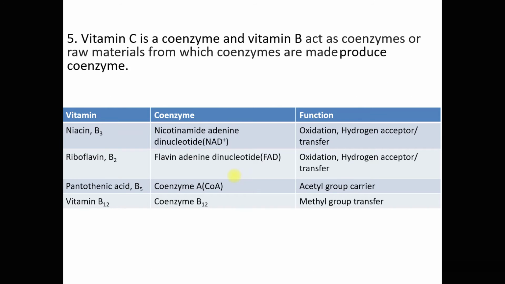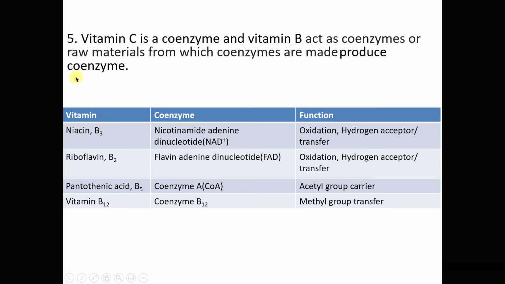Now, vitamin C is one example of a coenzyme, and vitamin B acts as coenzymes or raw materials from which coenzymes are made.